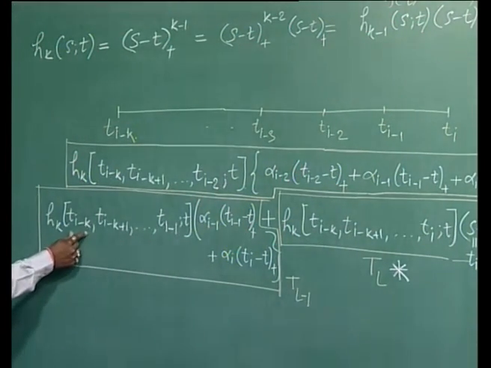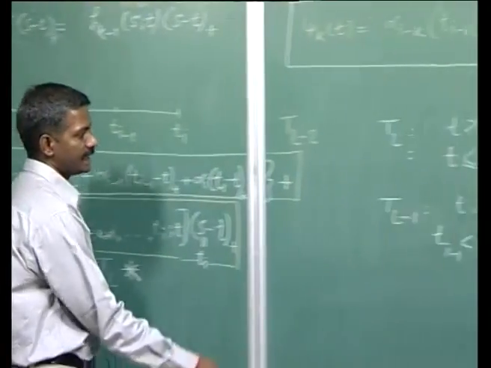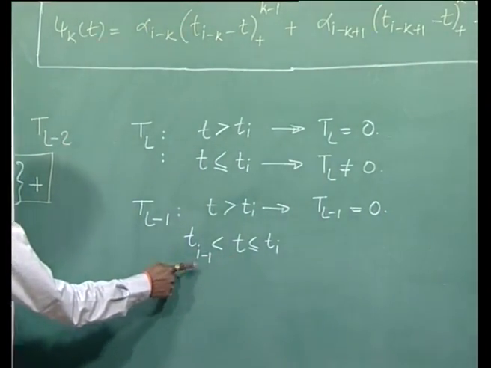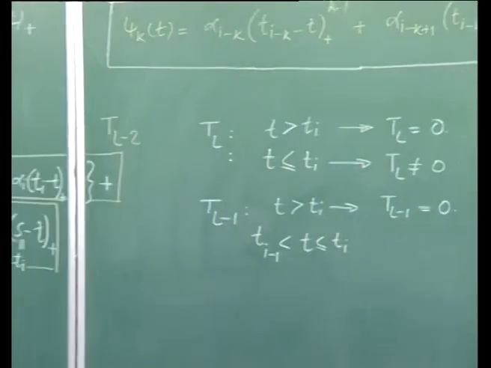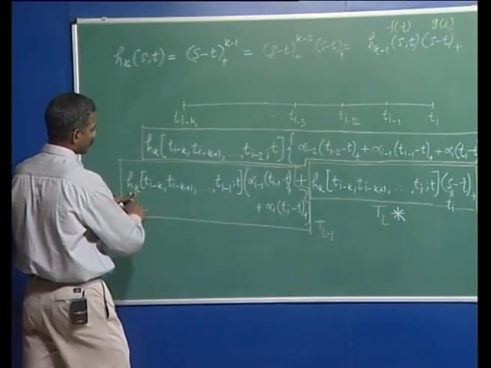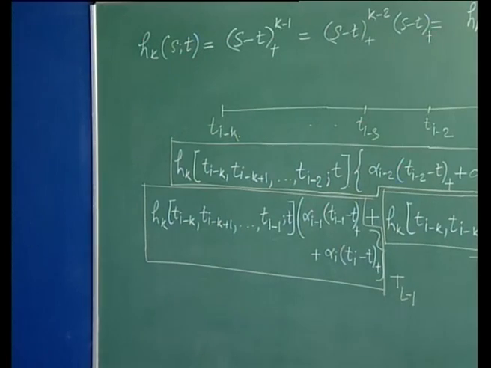The first number here corresponds to t_i-k. Now for values of t greater than t_i-1, what would you say will happen to this function? Would it be 0? I would think so.